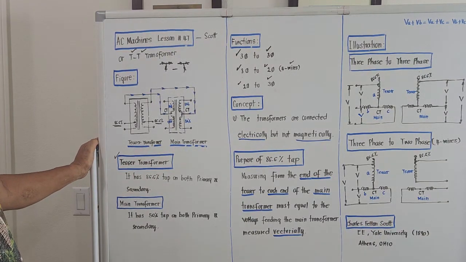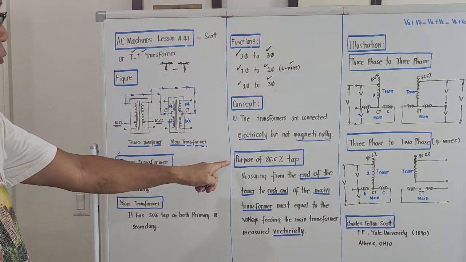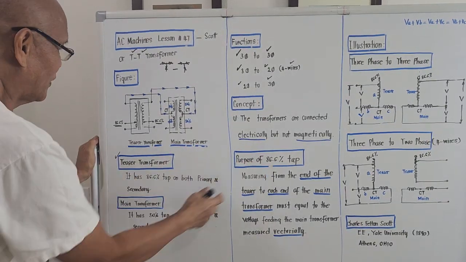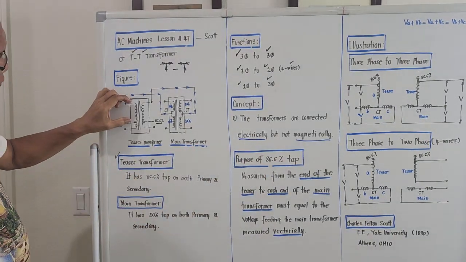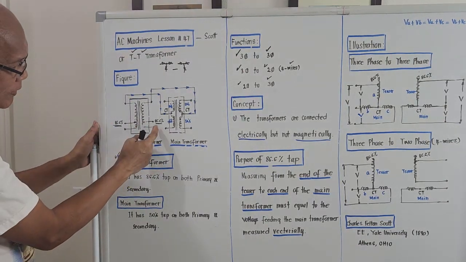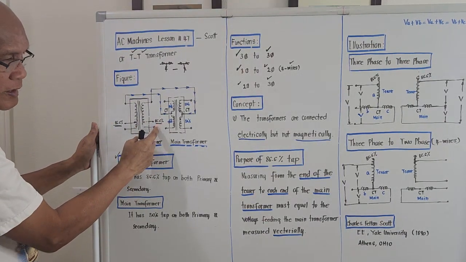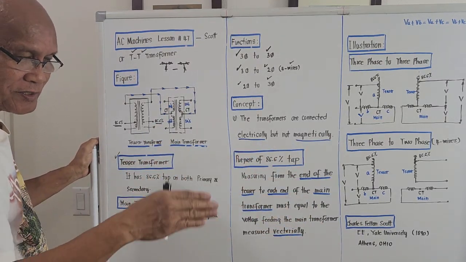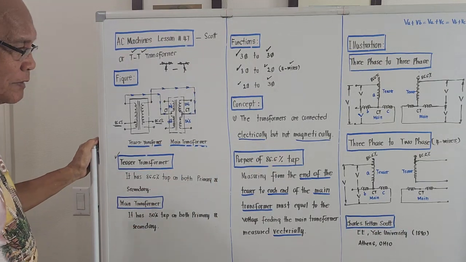What's next? I will try to bring out the purpose of this 86% tap. Why is there a tap on the primary and secondary of the teaser transformer with the value 86.6%? Why not 75% or 60%? Why is it 86.6%?